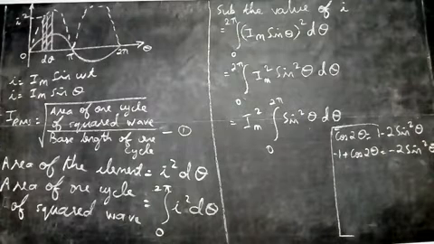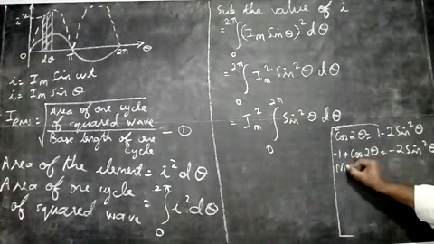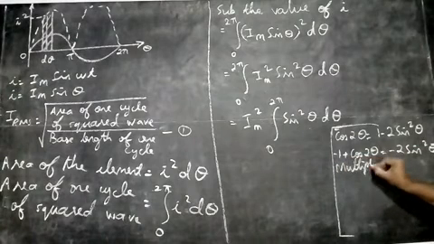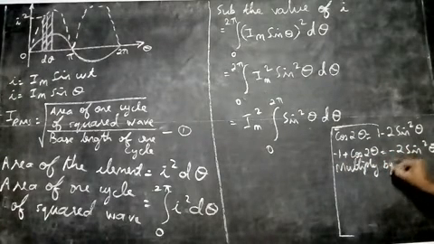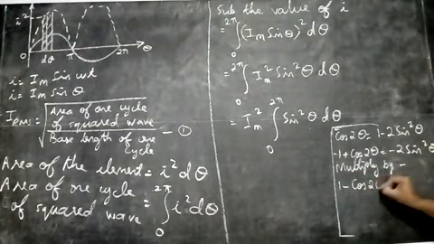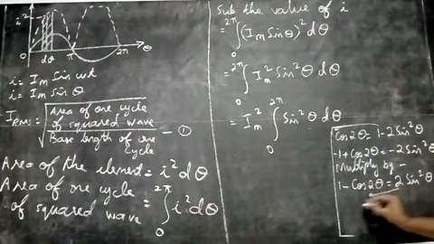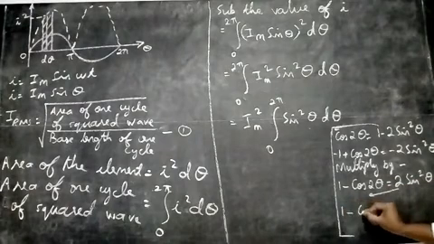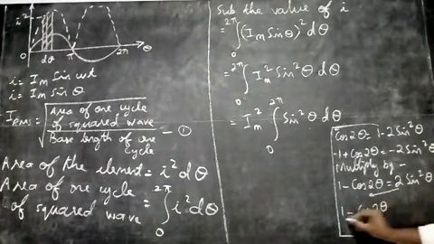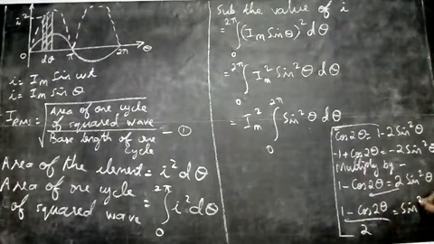Now you must get this minus sign out, so multiply by minus everywhere. So we get plus 1 minus cos 2 theta is equal to 2 sine square theta. Bring this 2 downwards, so we get 1 minus cos 2 theta divided by 2 is equal to sine square theta.